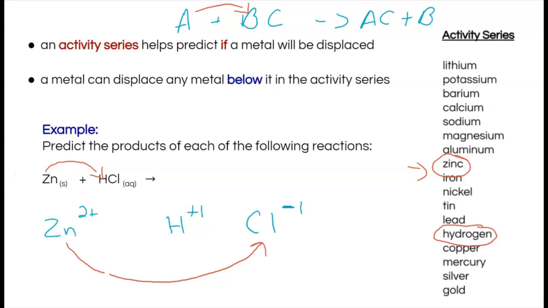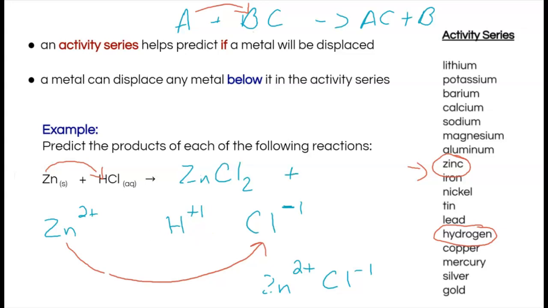Then I simply do my crossover rule with these two substances. I have zinc with a 2+ charge and chlorine with a -1 charge. That crossover gives me zinc chloride, ZnCl2. Then I'm left with this hydrogen on its own, but remember, hydrogen can never exist on its own.